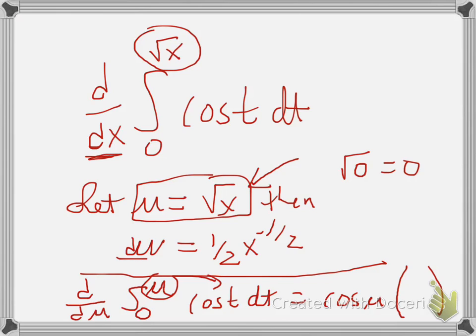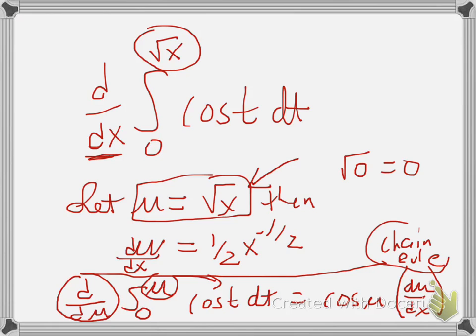Times du, and I should say this here was du dx. So cos u times du dx. You have to chain rule it out because u was a function of x. So, when you're differentiating something that is like a composite function, you got to use the chain rule. So note to self, chain rule. So it wasn't just a direct substitution. We had to use the chain rule there.